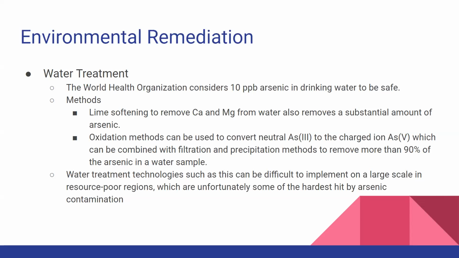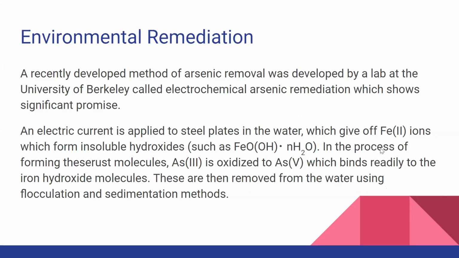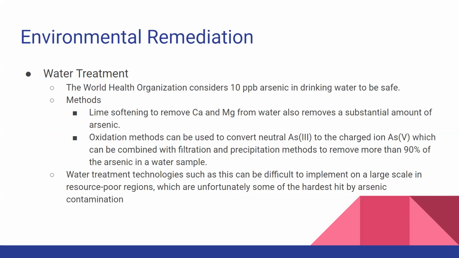It essentially has to be converted to arsenic 5 through oxidation methods, and then that can be removed through filtration and coprecipitation methods. This is very difficult to implement because this is very expensive.